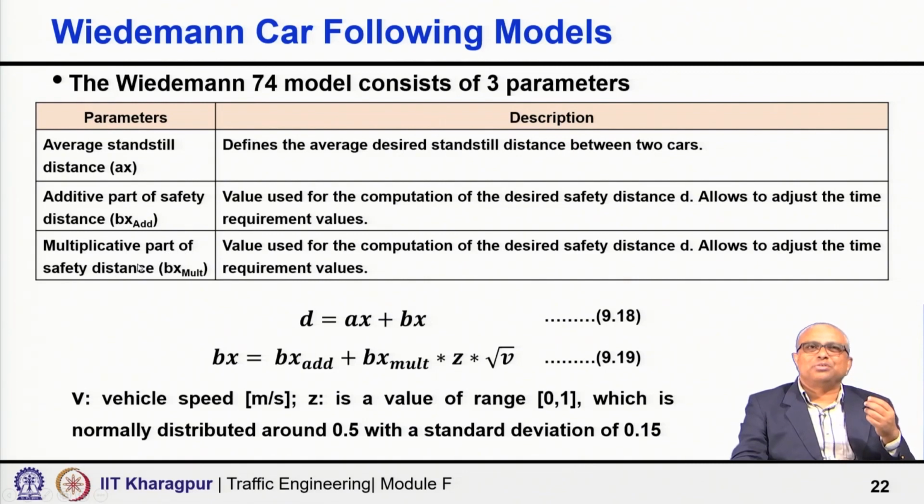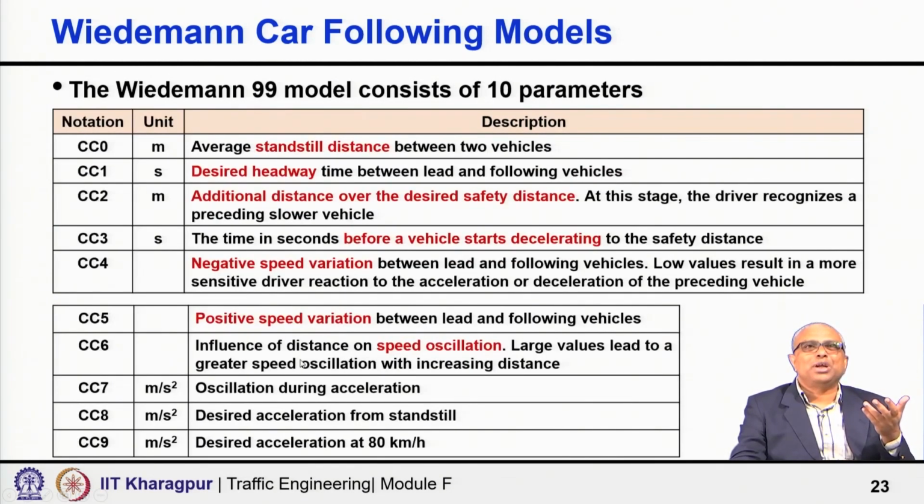Both are for safety distance, one additive, one multiplicative. V in this equation is the vehicle speed in meters per second, Z is a value in the range of 0 to 1, normally distributed around 0.5 with a standard deviation of 0.15. So, these are the three parameters considered by the Wiedemann 74 model.